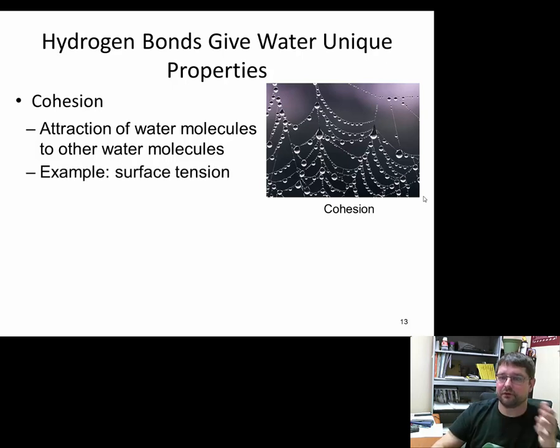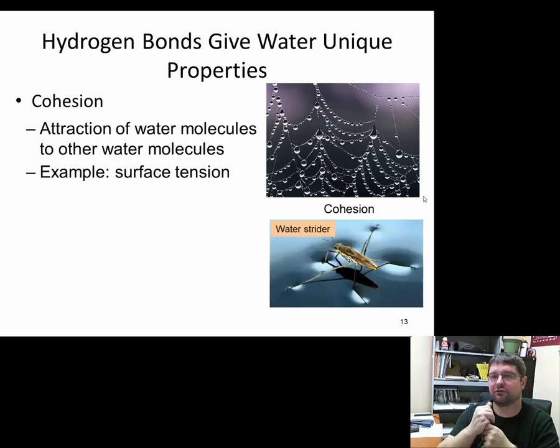It also gives an added aspect or an added niche for some organisms. So you can get surface tension that can form on bodies of water. For example, this water strider here is utilizing that cohesion force. So the fact that water is attracted to other water molecules, you can see here that this organism can walk on top of water.